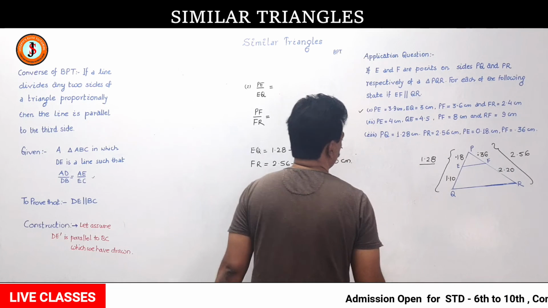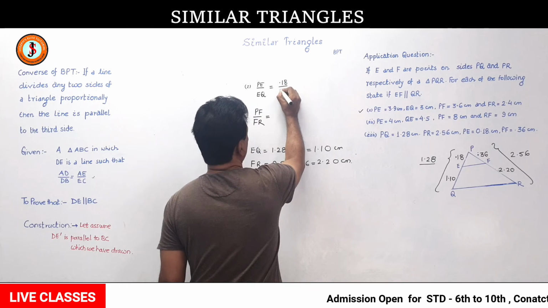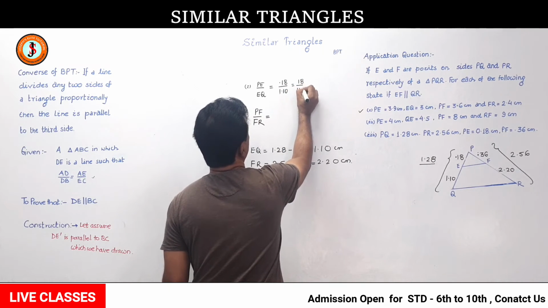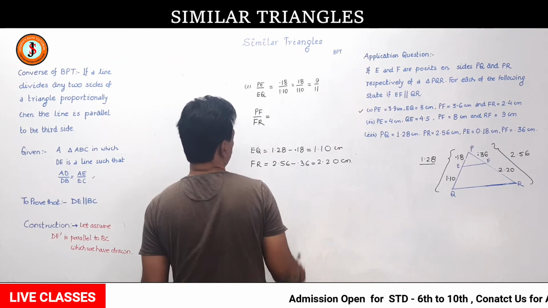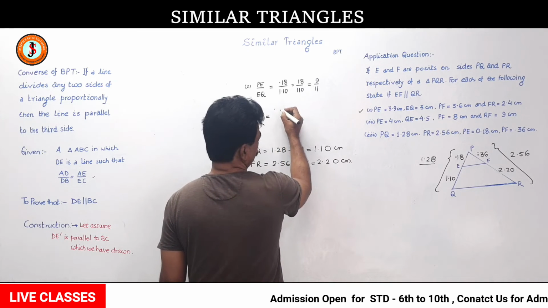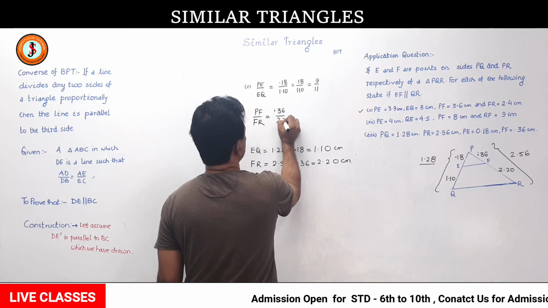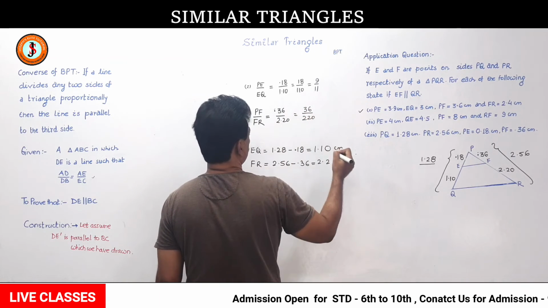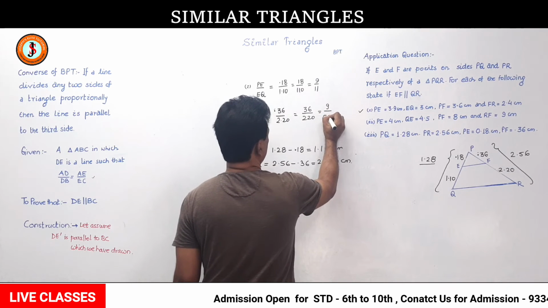Now, we get PE is equal to 0.18 divided by EQ 1.10. So, it is 18 by 110, that is equal to 9 by 55. And then PF by FR: PF is equal to 0.36 and FR is equal to 2.20, that is equal to 36 by 220. So, this will go 4 9s are 36, 4 5s are 20.